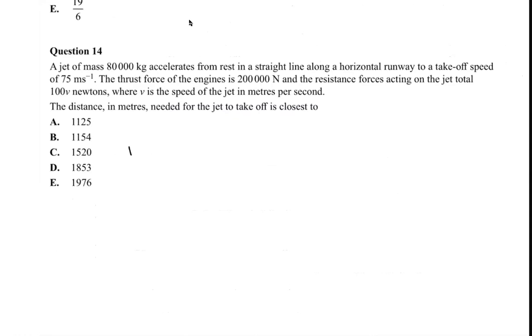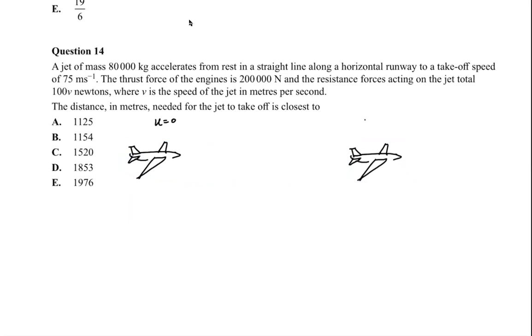A jet of mass 80,000 kilograms accelerates from rest in a straight line along a horizontal runway to a takeoff speed of 75 meters per second. So it accelerates to this point, and v equals 75 meters per second.